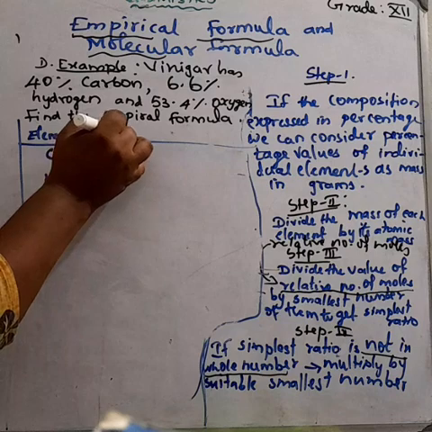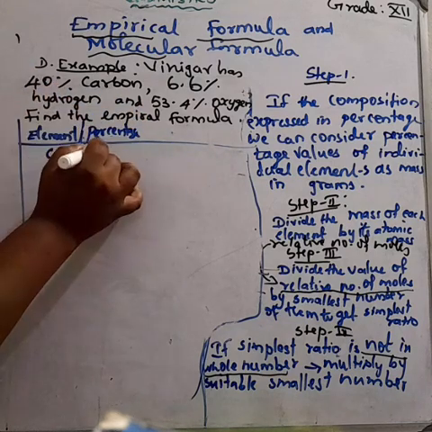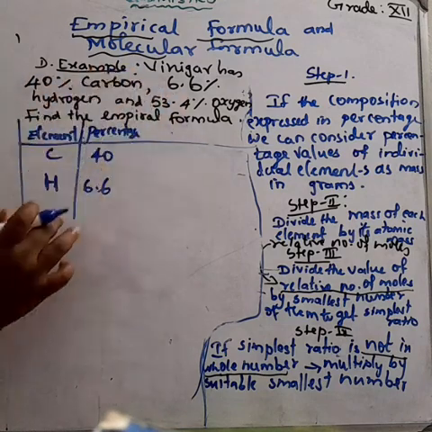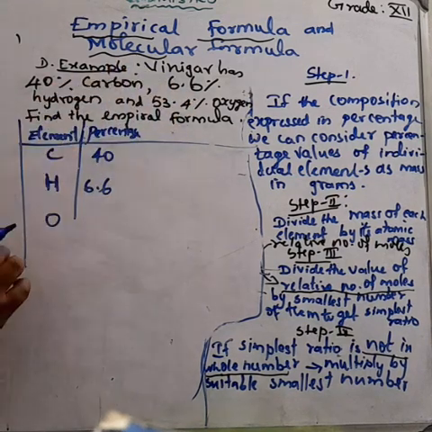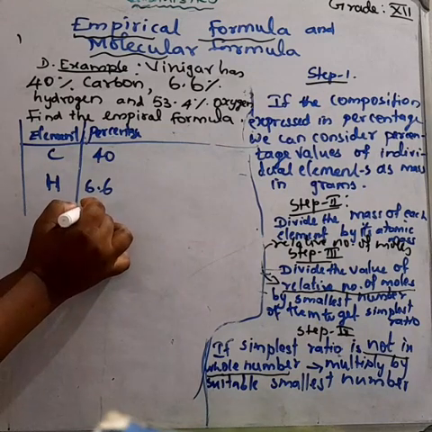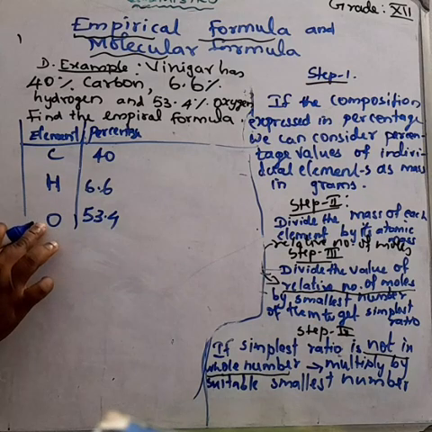What are the percentages given? For carbon 40, hydrogen 6.6 and oxygen 53.4.